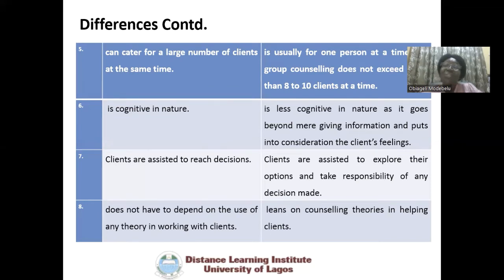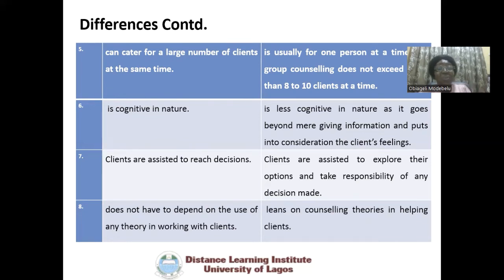So a counselor digs deep during counseling to find out background information and baseline information about a client and about his environment. And that's why we usually say that you can even manipulate the environment in helping your client.